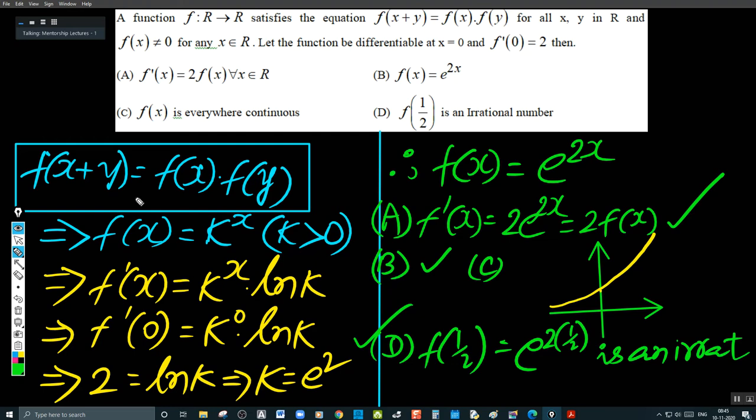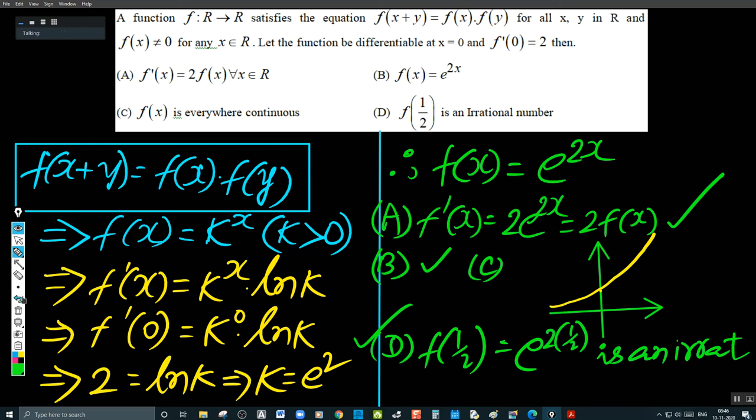Then that becomes logarithmic. Similarly, f of x divided by y is equal to f of x minus f of y means it's logarithmic.